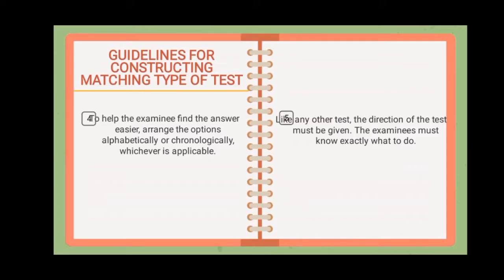Number 5. Like any other test, the direction of the test must be given. The examinees must know exactly what to do. So the instructions on conducting this kind of test must be clear so that the students will know exactly what to do when taking this kind of test.